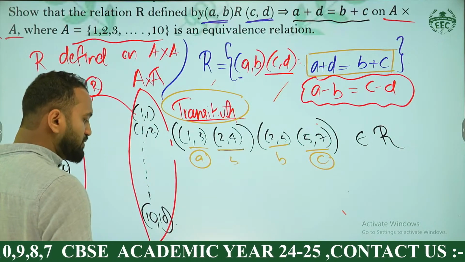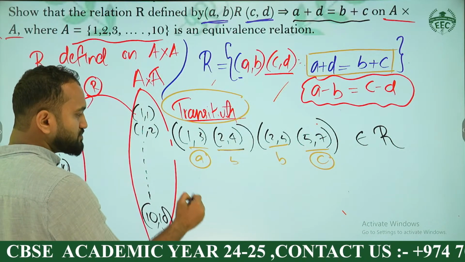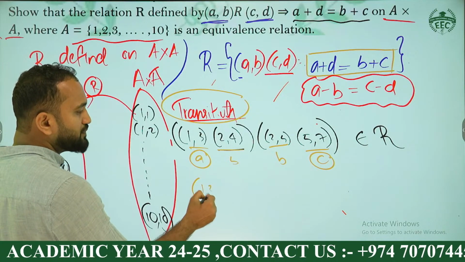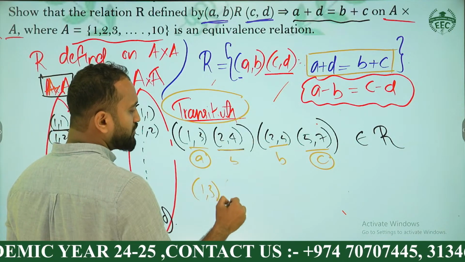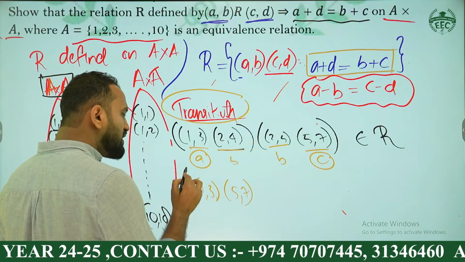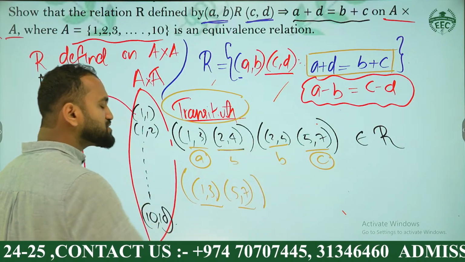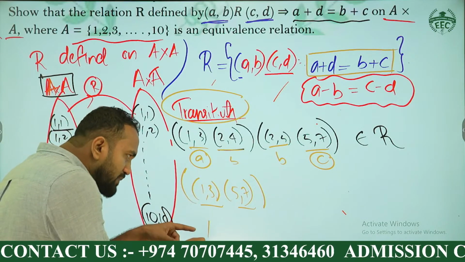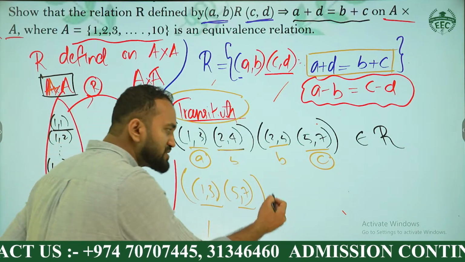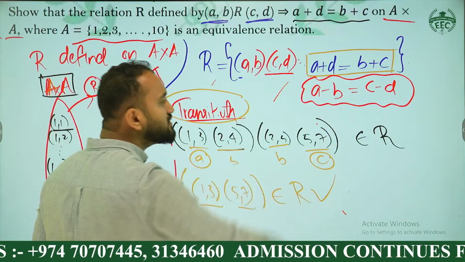What is the transitive pair, people? The transitive pair is 1 comma 3 and 5 comma 7. Whether this person will be there in the relation? Yes. Here the difference is minus 2. Here the difference is minus 2. So obviously I can say that this person will be there in the relation.